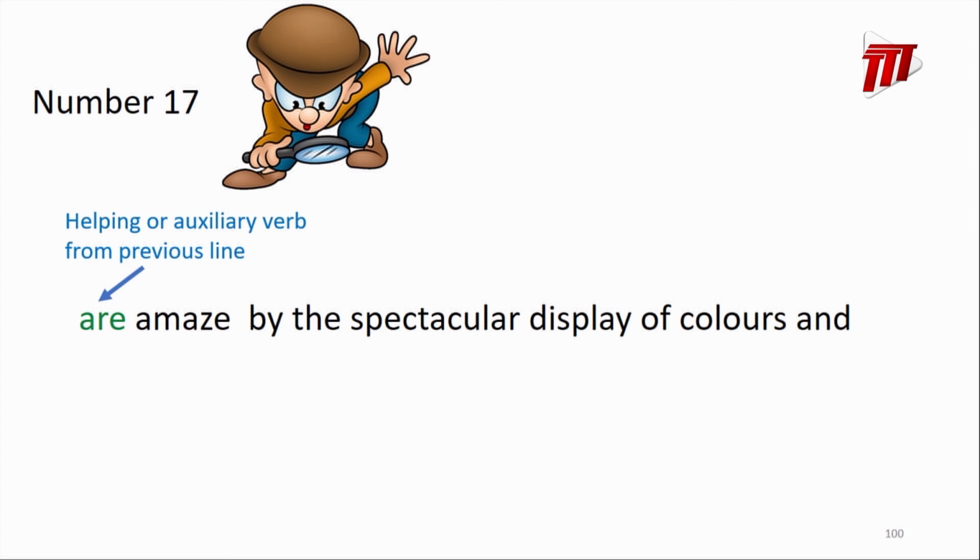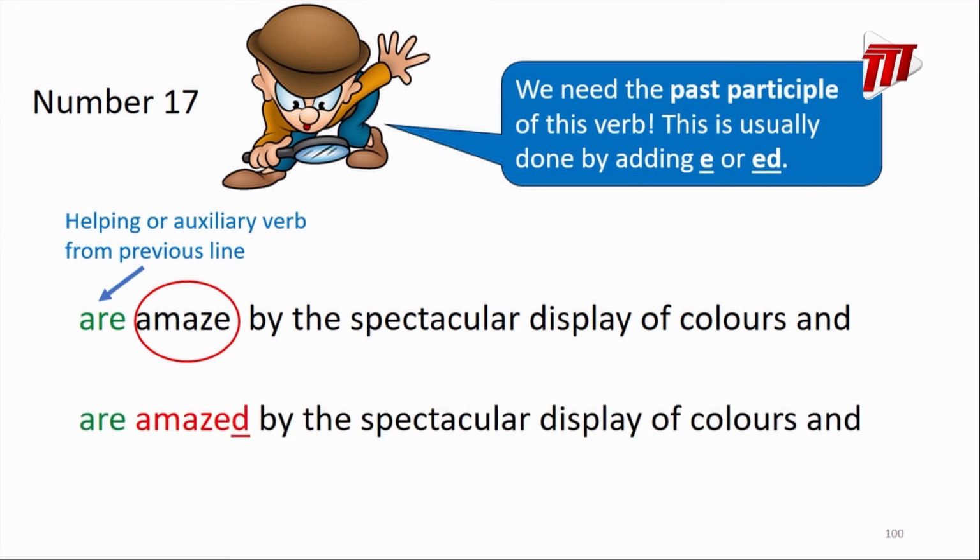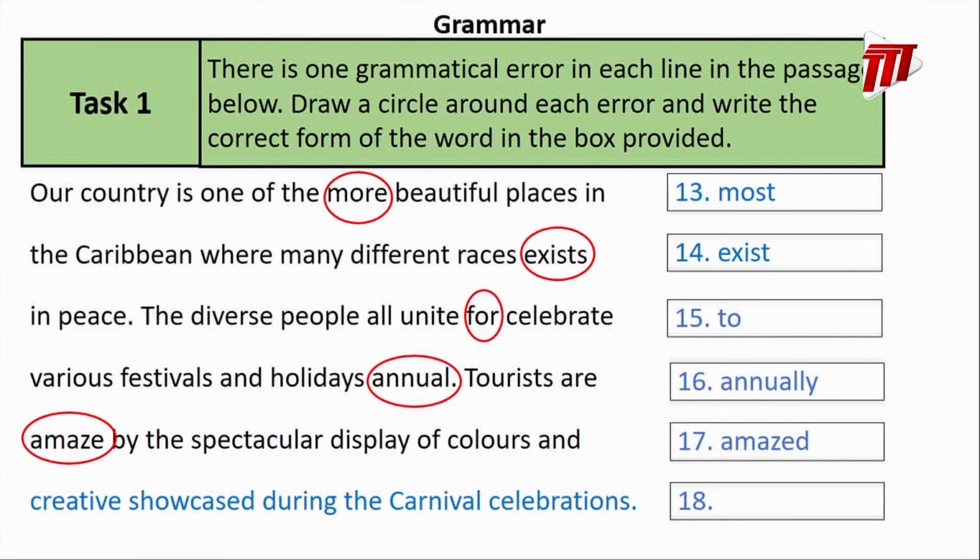Tourists are. We need the past participle, yes, yes. So we need to add D, right? So we need to amazed, amazed. Yeah, tourists are amazed by the spectacular display of colors and creative showcased.